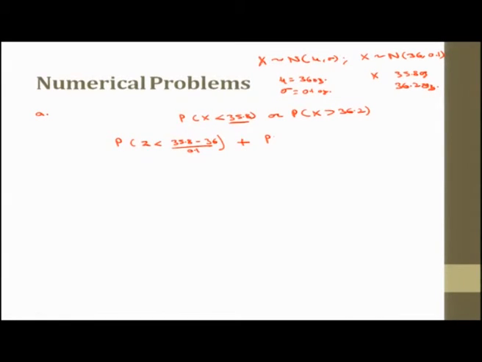probability of z, value of normal deviate, greater than 36.2 minus 36 by 0.1. This is equal to probability of z less than 0.2 by 0.1 plus probability of z greater than again 0.2 by 0.1.